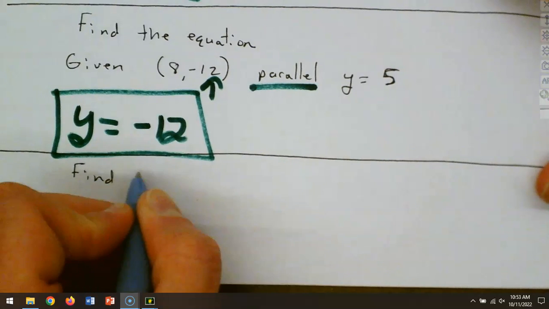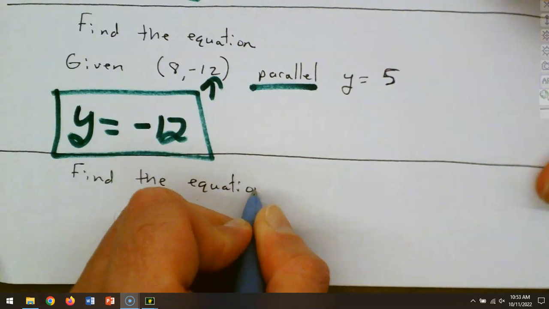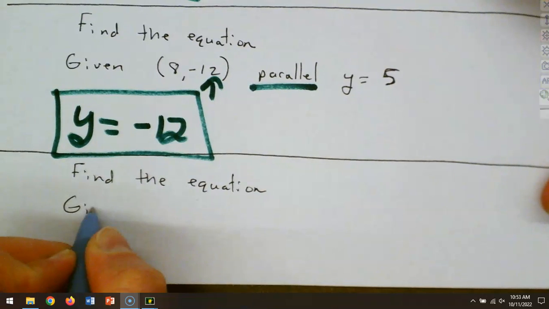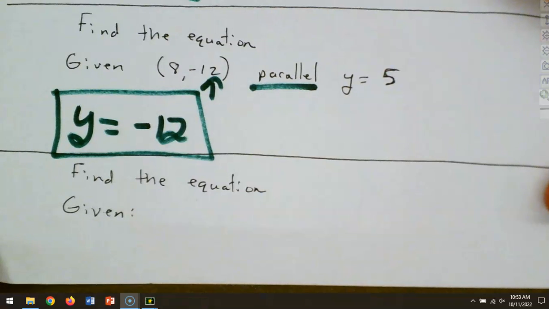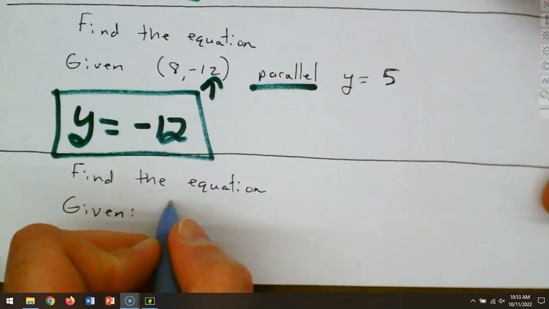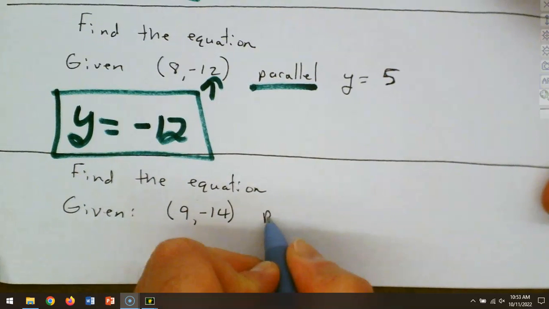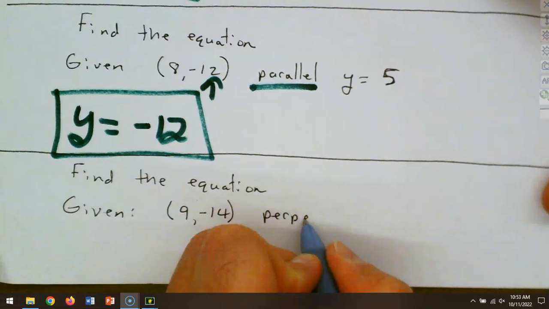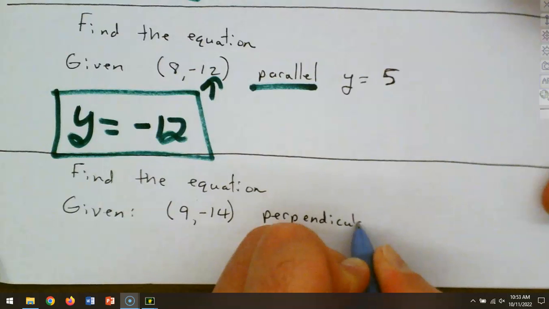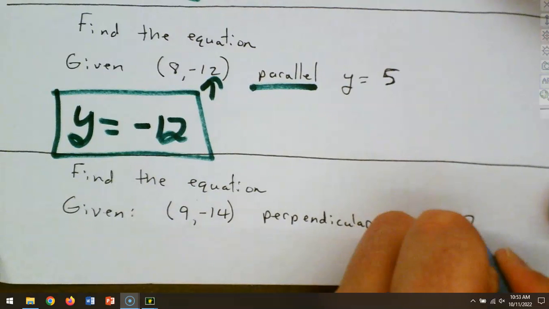So let's do one more. Let's find the equation. You're going to be given a point and a line equation again. Let's say you're given the point (9, negative 14), and in this case, I want to be perpendicular to y equals 7.